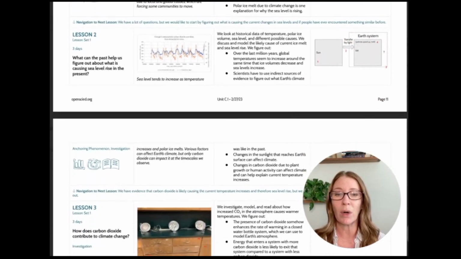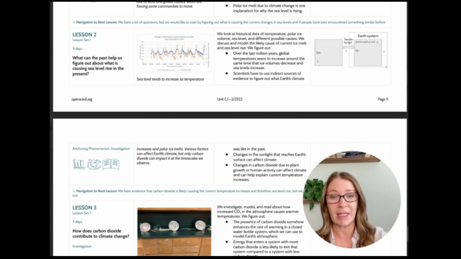In lesson 2, we're going to be looking at some historical data from the past, and we're going to be looking at polar ice volume and temperature of the air or the atmosphere. We will see that the atmospheric temperature is going up, but the polar ice volume is going down.